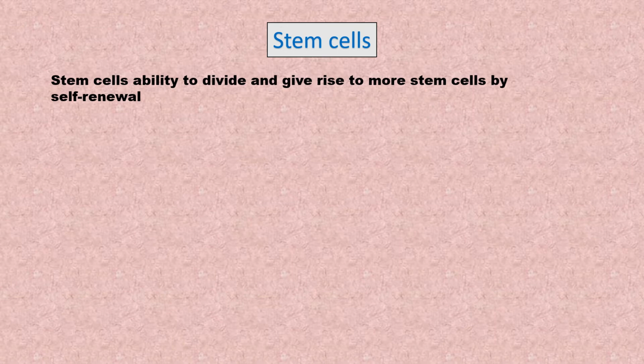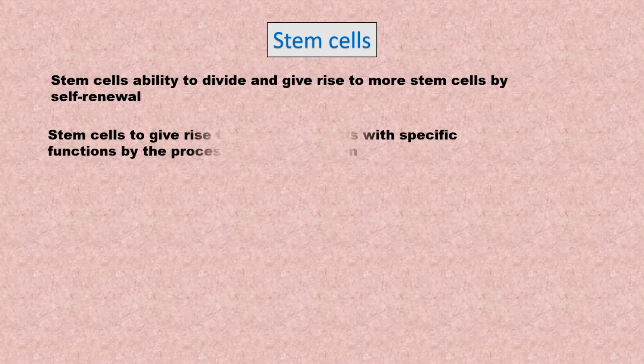The important properties of stem cells: the ability to divide and give rise to more stem cells by self-renewal, that is, dividing inside the body to give more stem cells. And the ability to give rise to specialized cells with specific functions by the process of differentiation.